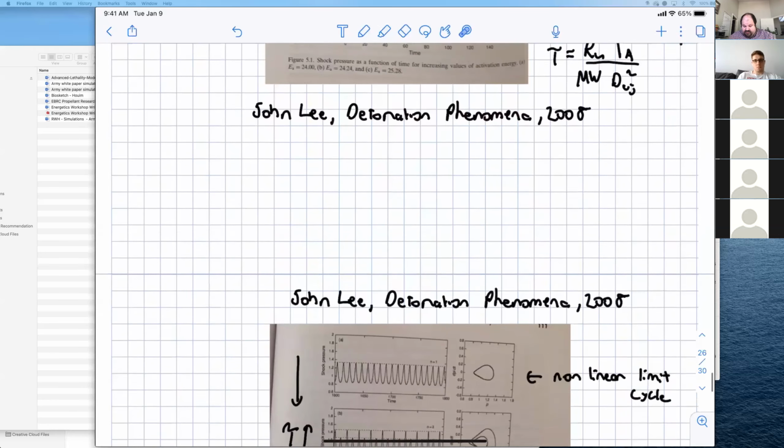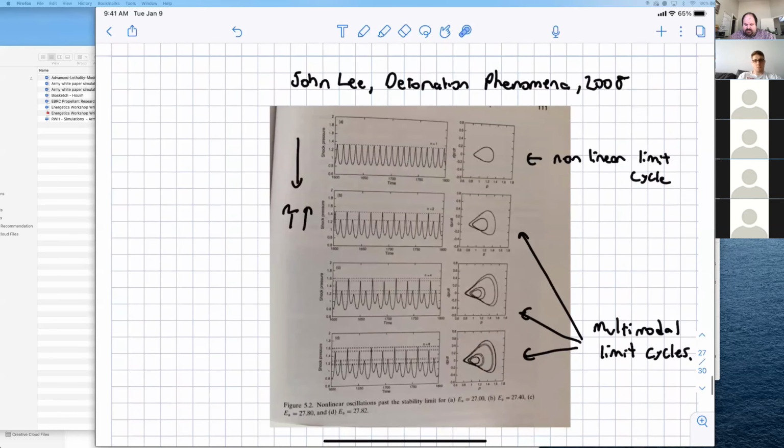If you increase tau further, you start to see really interesting patterns. If any of you have taken any nonlinear mechanics, there are these things called limit cycles, and eventually you get a nice regular repeating pattern, but they're no longer sine waves.